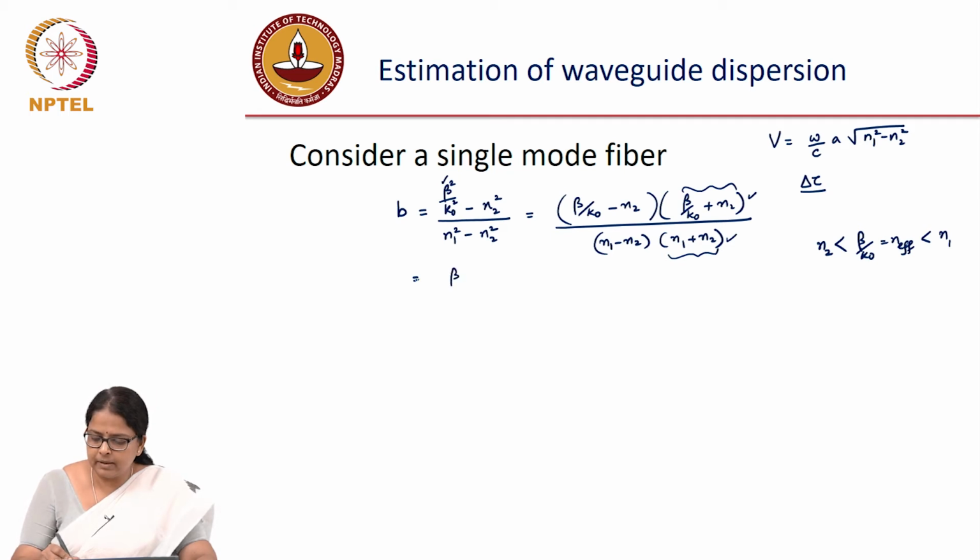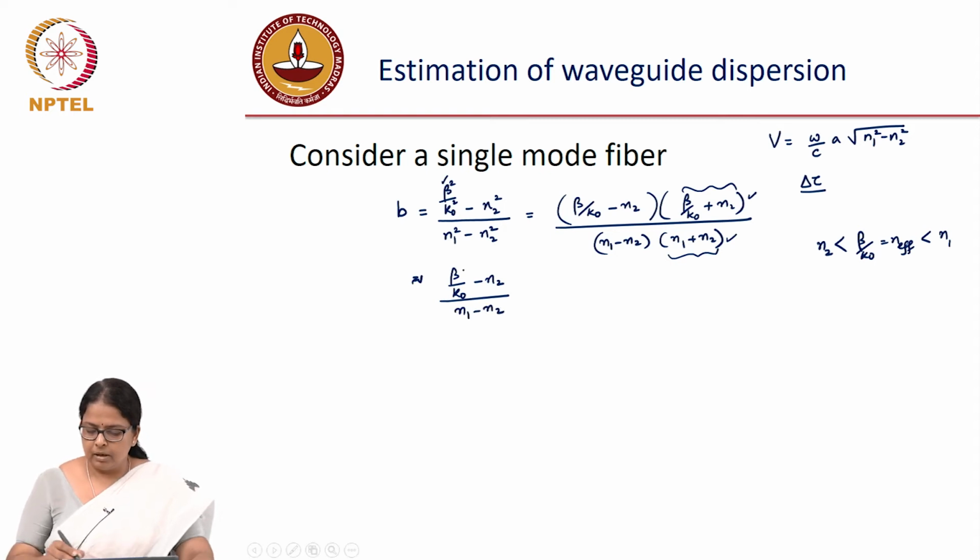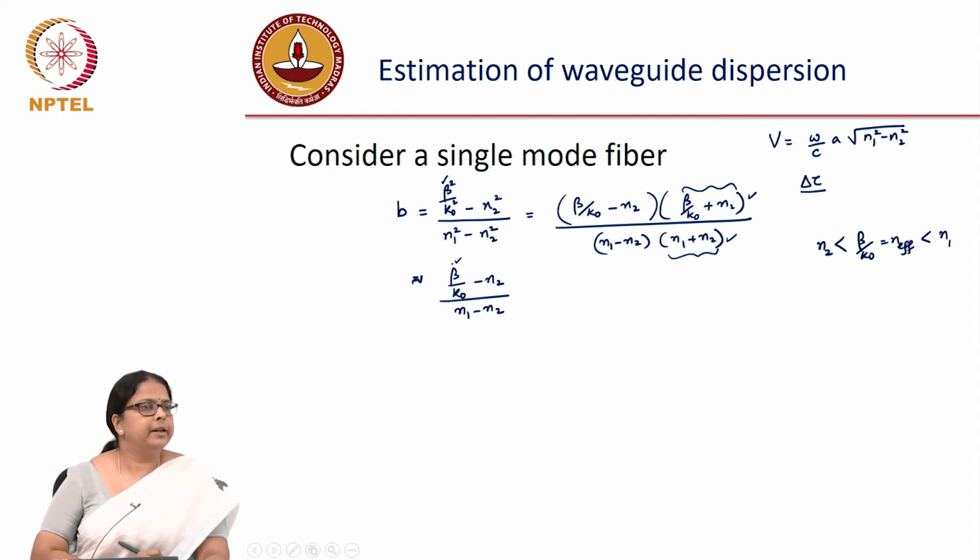So, this I am approximating as beta by k naught minus n2 over n1 minus n2, so that I get an analytical relation for delta tau, okay. Now, beta is a number that is going to be dependent on lambda here.